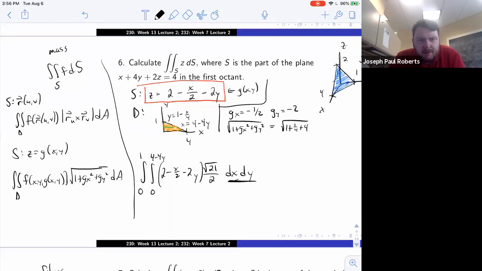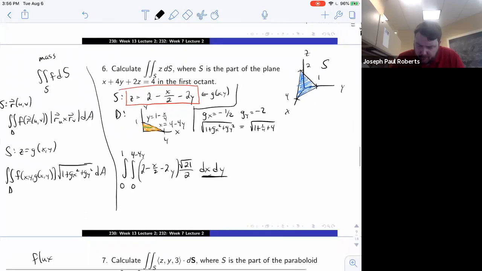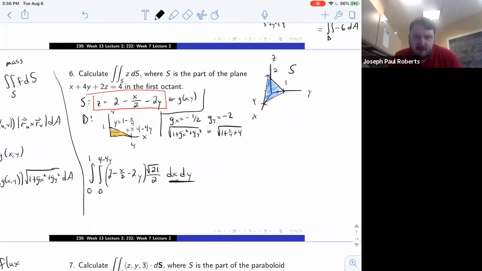And then from there, it's not so bad. I don't think we would ask this in multiple choice form just because it's a little bit tedious at this point.